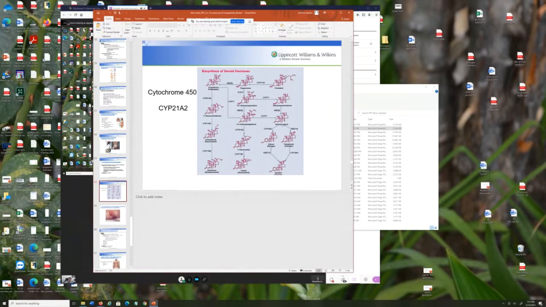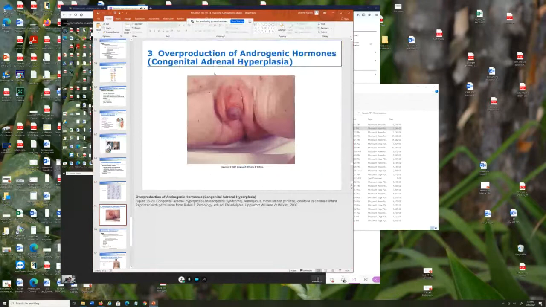As such, it's going to cause this normal route to make more androstenedione. And this androstenedione would then make more testosterone. And as such, this is congenital adrenal hyperplasia. You see that? This shows you how this is a female, but under testosterone influence, the clitoris can be stimulated and it looks like a penis.